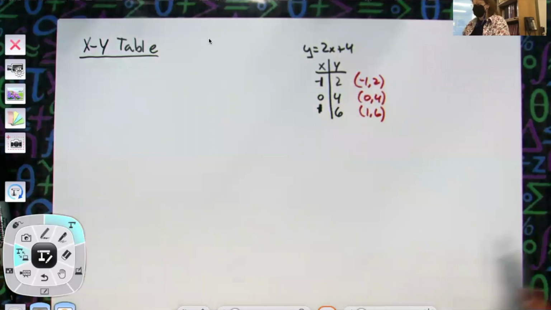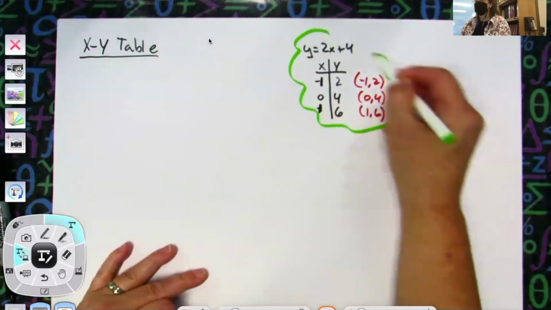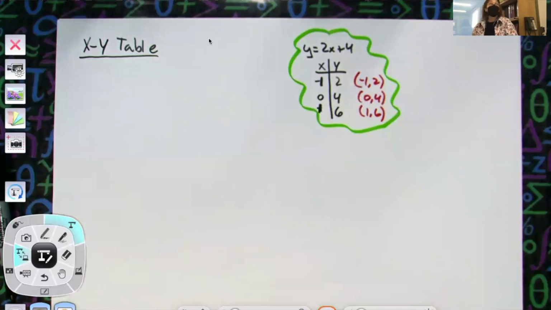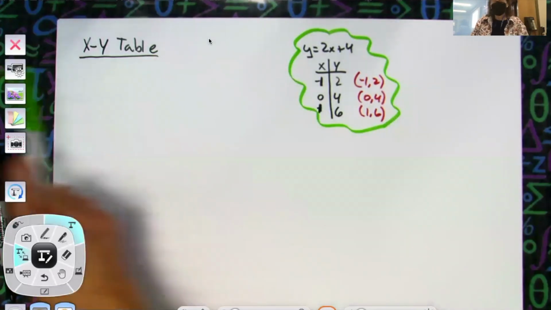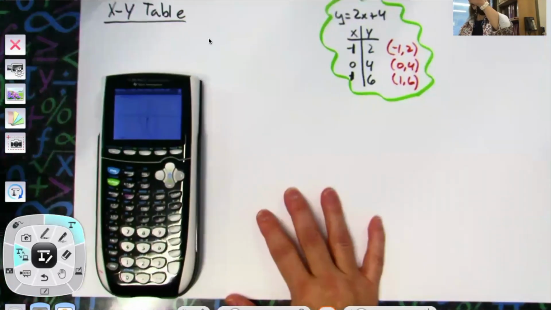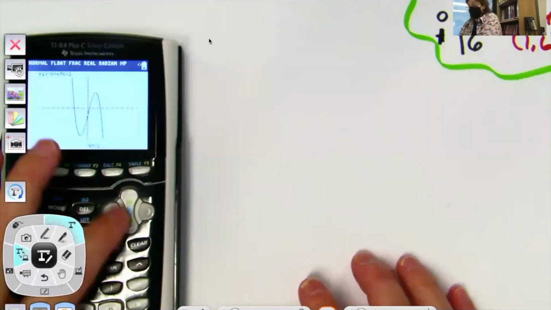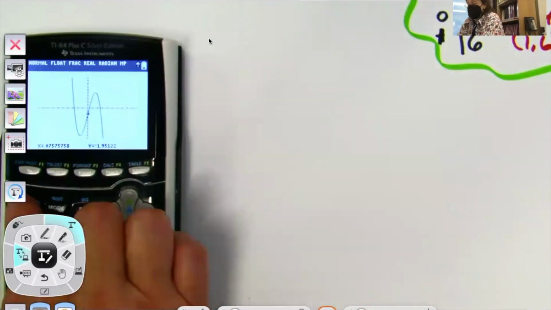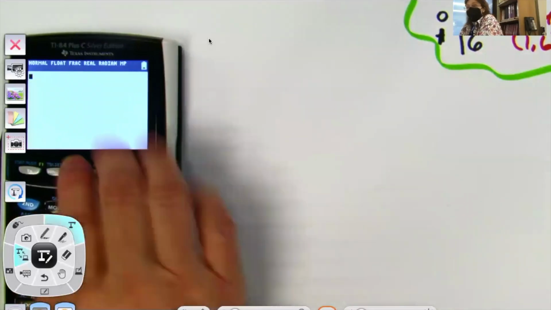So this XY table that you did by hand last year, the graphing calculator is going to create that for you. I'm going to zoom back in if we're doing this. That was just my last graph. Second quit gets you out of just about everything, gets you back to that blank screen.